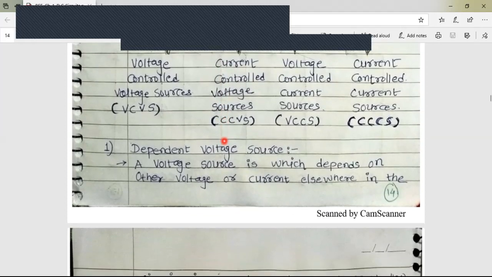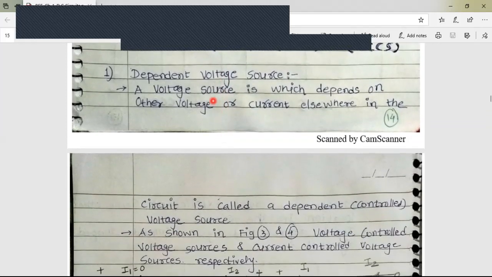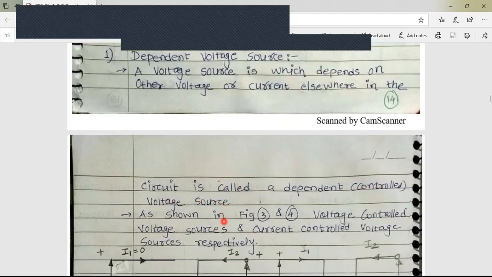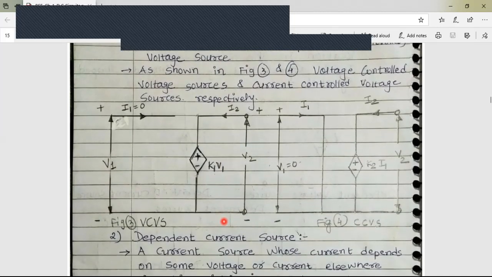So dependent voltage source: we can say that a voltage source which depends on another voltage or current elsewhere in the same circuit is called dependent, or it is also known as a controlled voltage source. See here, this is a voltage controlled voltage source and this is a current controlled voltage source.